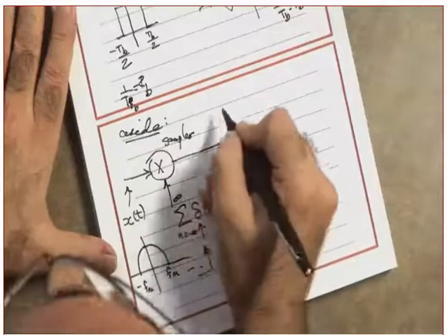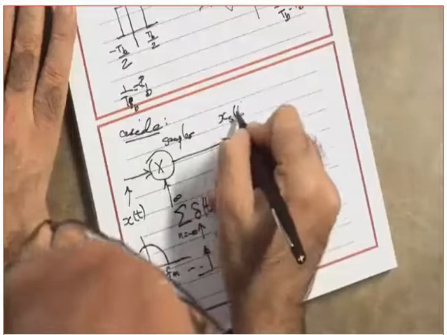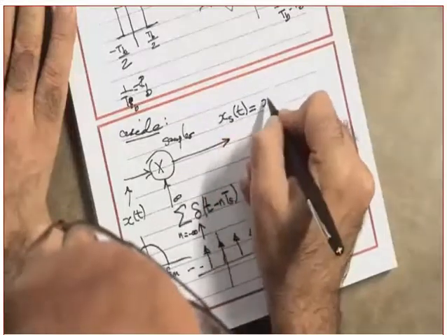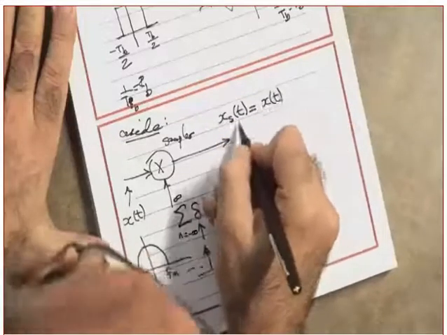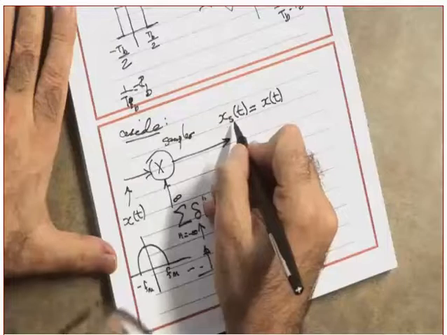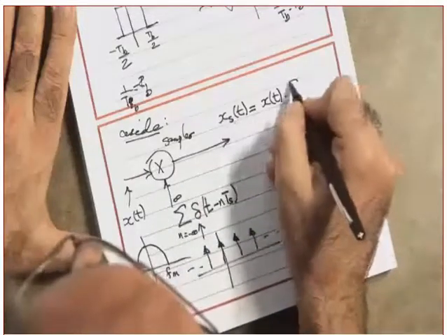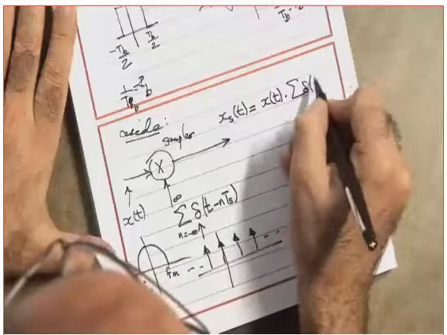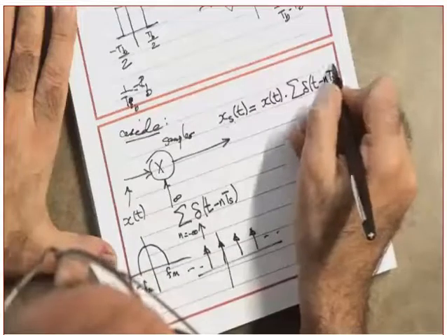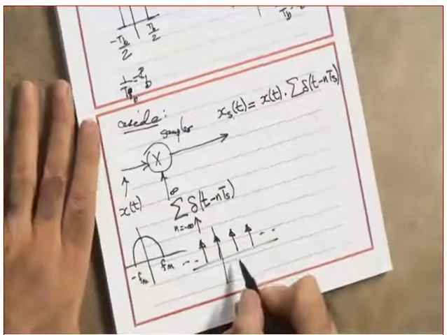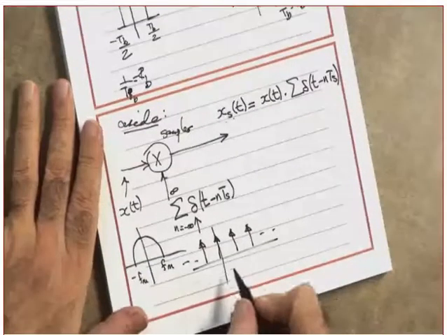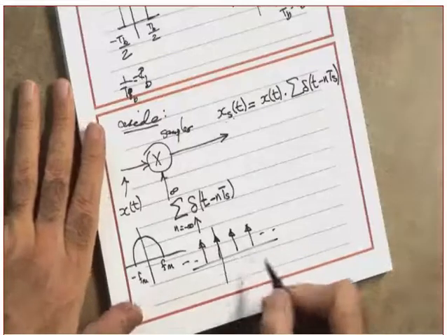What am I getting? I'm getting xs of t, which is equal to x of t times the sum of delta of t minus nTs. That is the sampled version. Is this a periodic signal, by the way? What is the Fourier transform of a periodic signal?